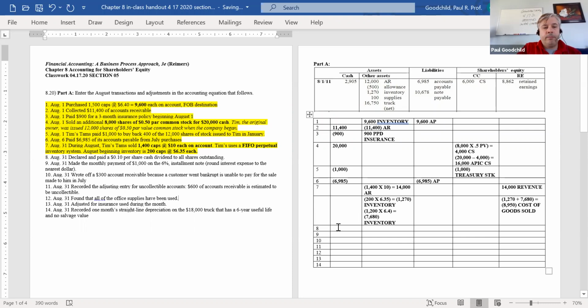Okay. Number 8, declared and paid a 10 cents dividend per share cash dividend to all shares outstanding.